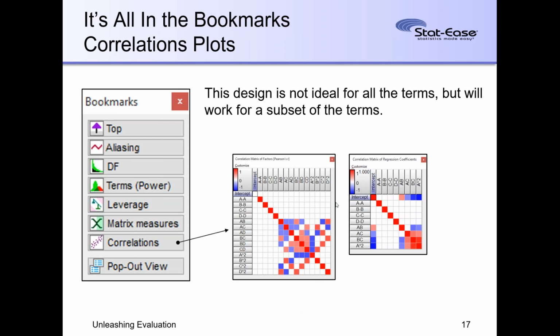You can tell you have this situation of a supersaturated design when these two correlation plots are no longer the same size. There isn't enough degrees of freedom to estimate all of these terms. Only a subset can be estimated. Now, it's arbitrary which ones you pick eventually in the modeling, but there are only a certain amount of degrees of freedom available to do it.